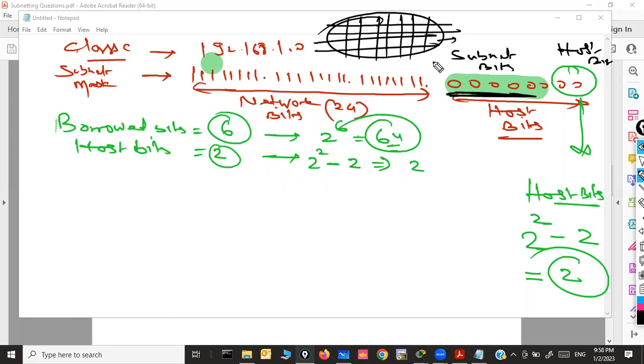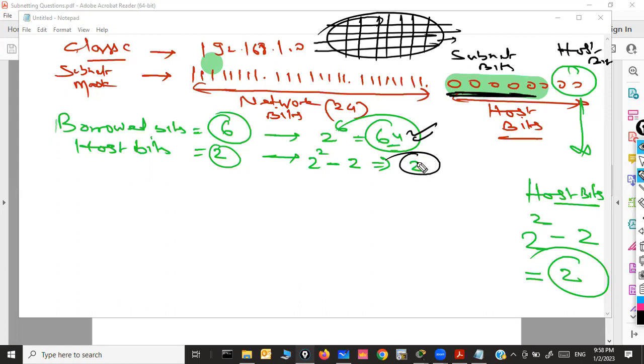This time we are doing the computation keeping a different requirement in mind: the number of IPs. So we don't care how many subnets are created. But since we have left 2 bits for the host, the network would get logically divided into 64 subnets, even though we don't care about subnets.